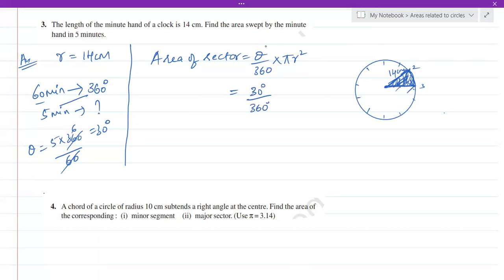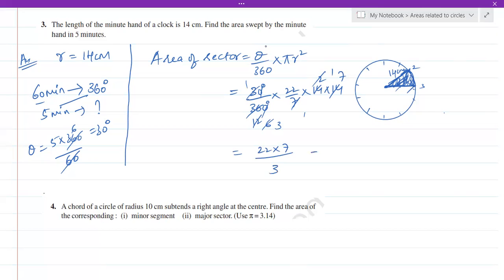So 30 by 360 into pi, which is 22 by 7. R value is 14. So it is 14 square, so let me write it as 14 into 14. The 0 gets cancelled, 3 ones are 3, 12s are... 7 twos are 14, 2 ones are 2, so 22 into 7 is left out in the numerator.